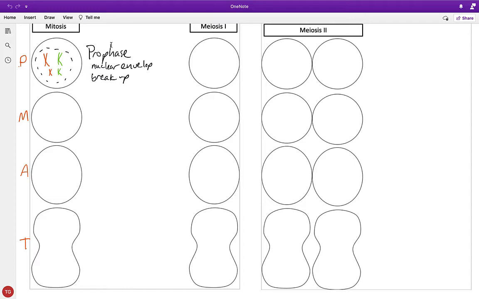And we can kind of go in here and try to label these. So if I were to do that here, I've got my sister chromatids as the duplicate copies. And if I were to think about, let's say, the orange and the green, these would be homologous, meaning the same or from the same origin, and we refer to them as chromosomes.